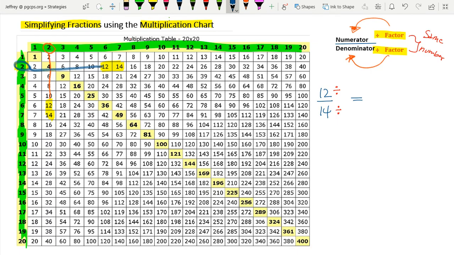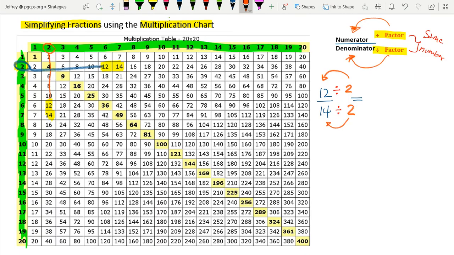Either or, it's okay. You can use either of these setups, okay? Now, since we know that 12 and 14 is under the same row or column, which is under 2, then I can use the number or the factor 2 to divide evenly into 12 and 14.